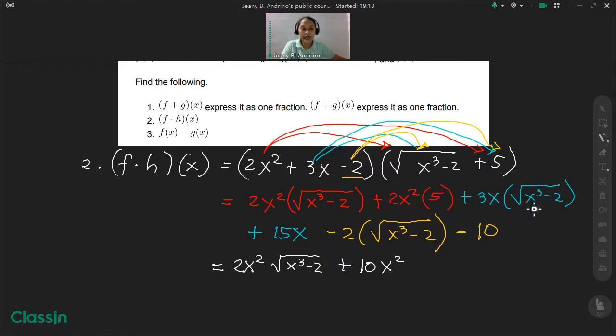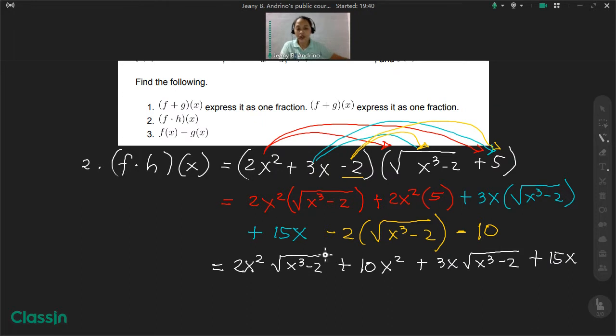This is 3x times square root of x cubed minus 2. So we simply have to copy plus 3x and then right beside it, the square root of x cubed minus 2. Next one, we have plus 15x. So we simply copy that one.